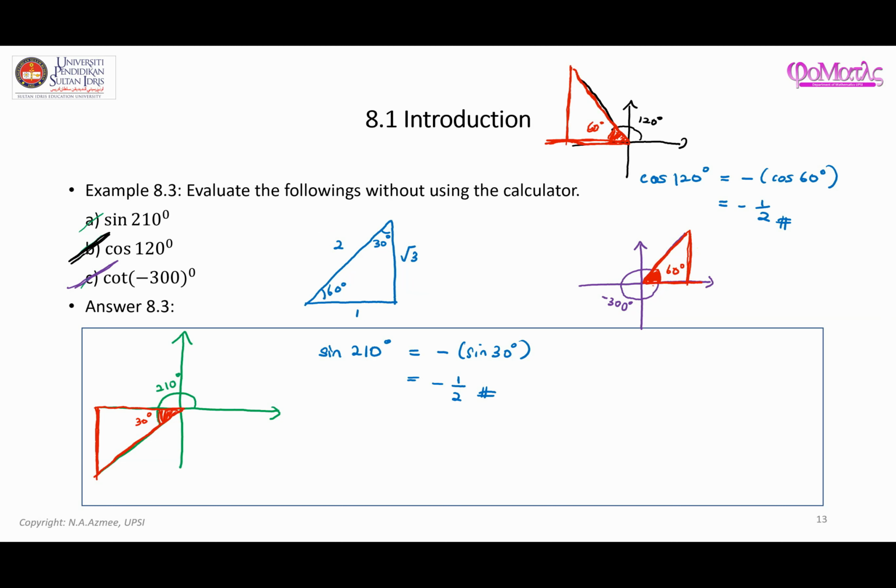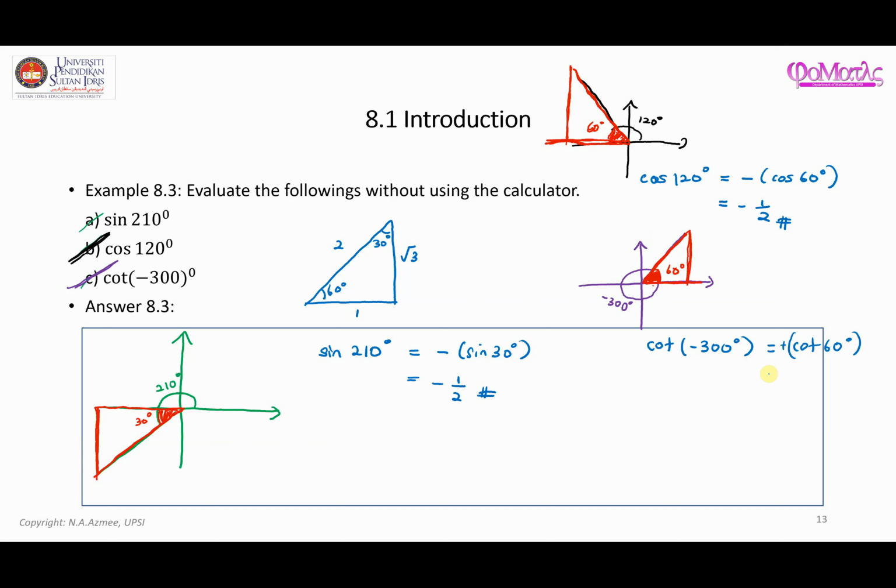So now, initially what I want to do is find cotangent of negative 300 degrees, and this is equal to working with cotangent 60 degrees, and the sign is going to be positive. You don't even need to write down the sign here. Why is the sign positive? We know that in the first quadrant all trigonometric functions are positive.